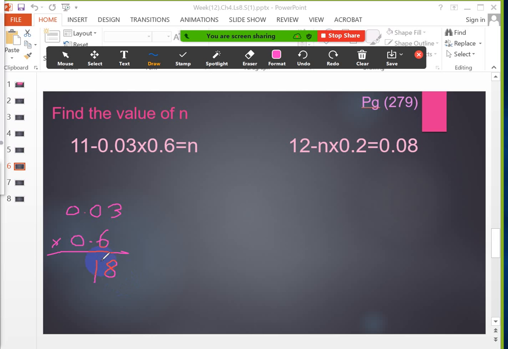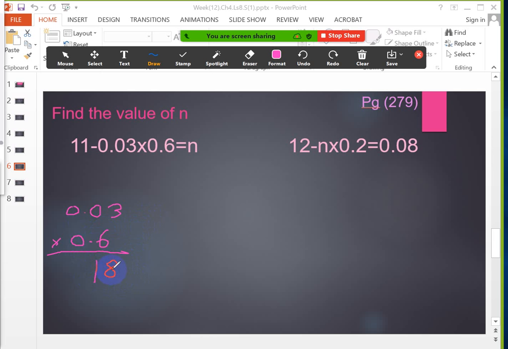How many digits here after the decimal point? I have 2, right? And here I have 1 digit, I think. So that means the number of digits in the product will be 3, right?